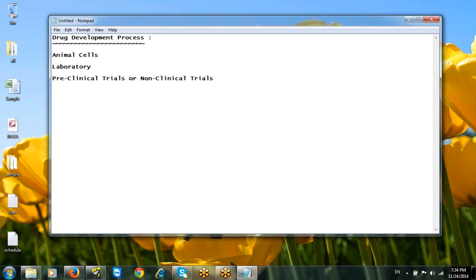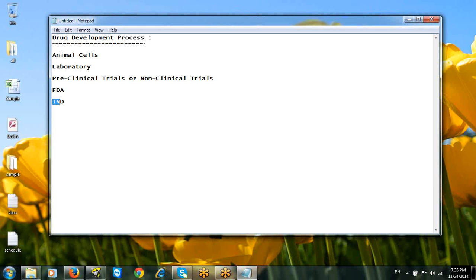Once that particular pharmaceutical industry is satisfied with their research work, they have to send their research information to the FDA, Food and Drug Administration. Now, FDA will review the investigation of the new drug which was sent by the pharmaceutical industry.